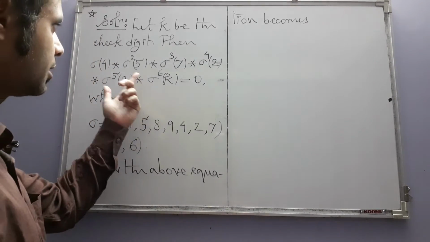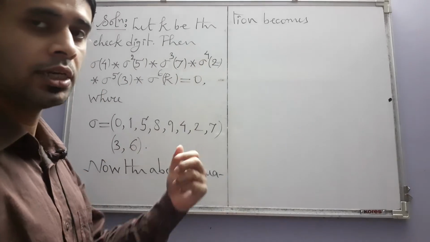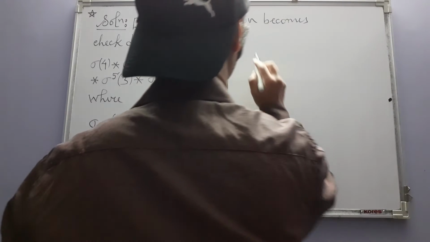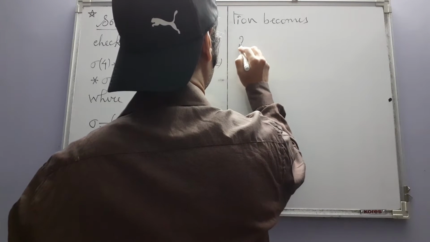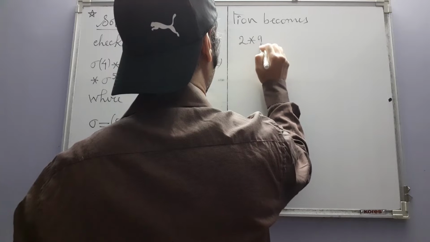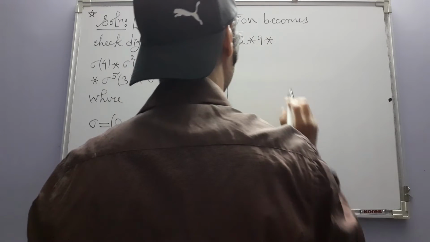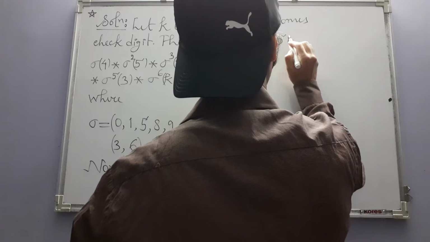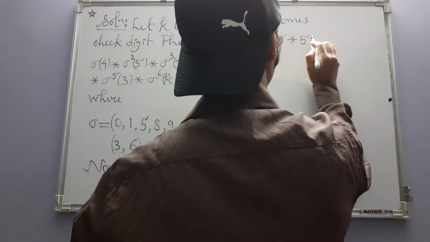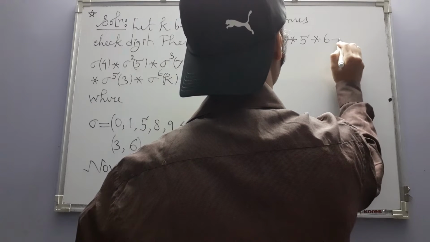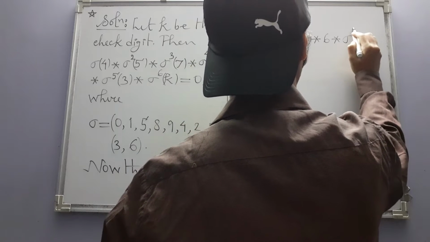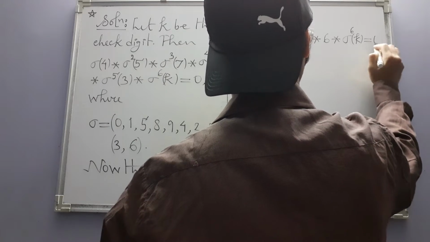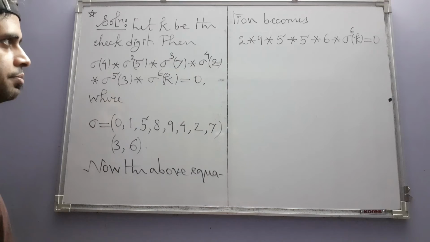Using the tables, you can quickly just read off these values from the table, and then you will get this. 2 star 9 star 5 star 5 star 6 star sigma to the power 6 of k equal to 0.